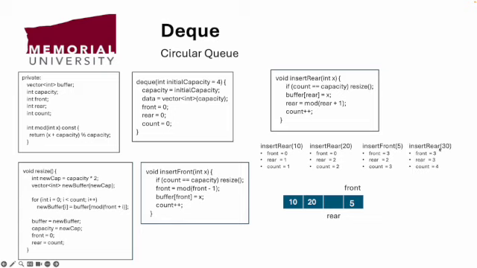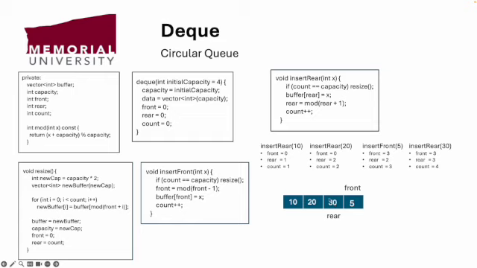Let's do another insert back, 30. Okay, let's see how it works. So front equals 3, but insert back has nothing to do with front. We only care about the index of back. Count equals 3 so far. We don't need to resize. And back is 2, right? We put a 30 in here.